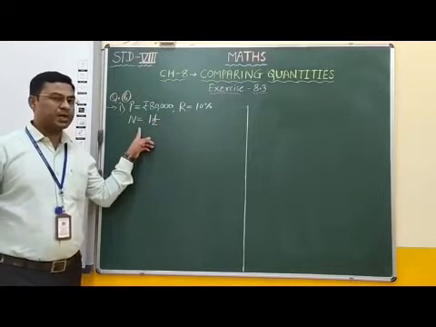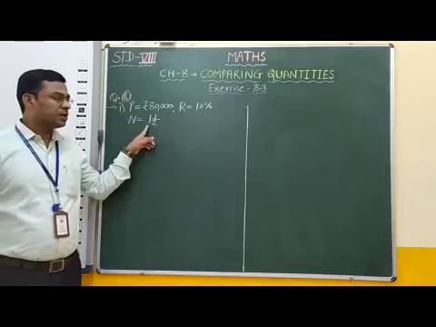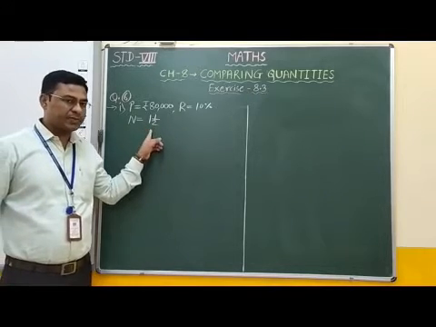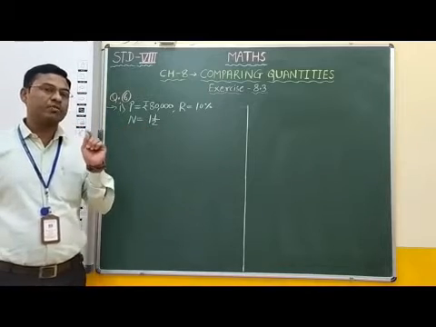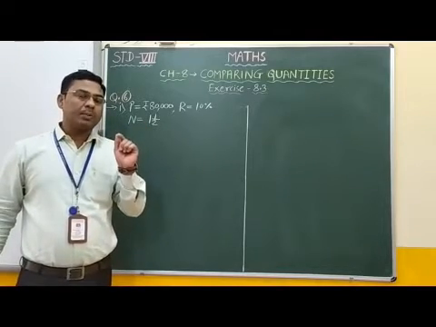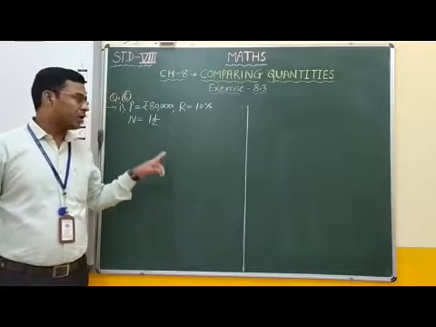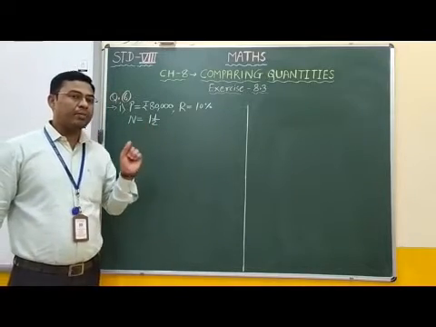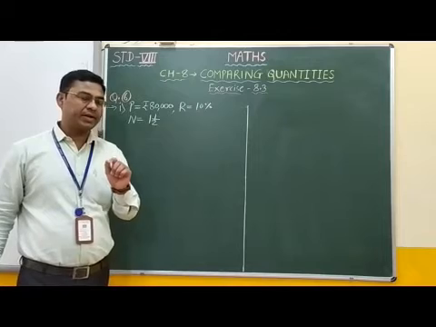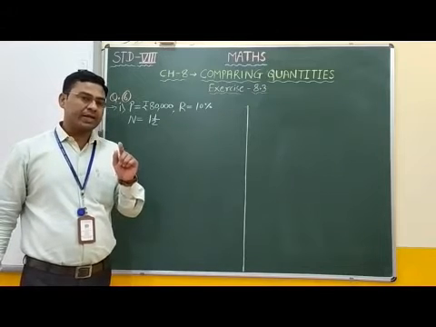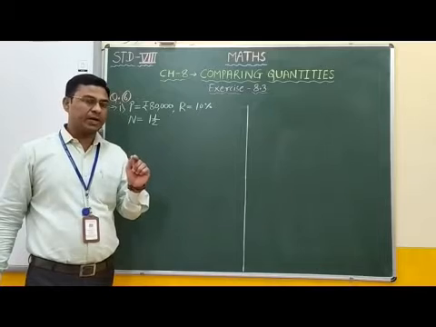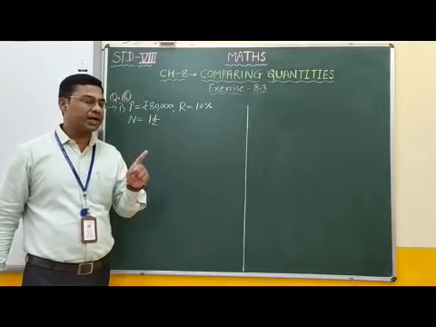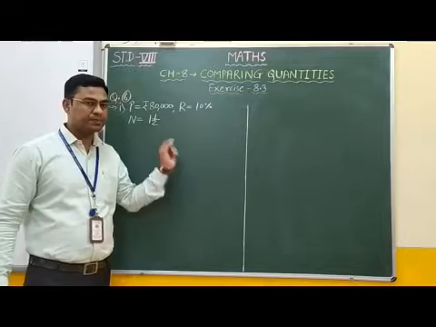Students, if you observe here, the number of years is given as a mixed fraction. Therefore, to solve this question, first of all we have to find out the amount of compound interest for 1 year, and by taking this amount as a principal, we have to find out simple interest for half year.